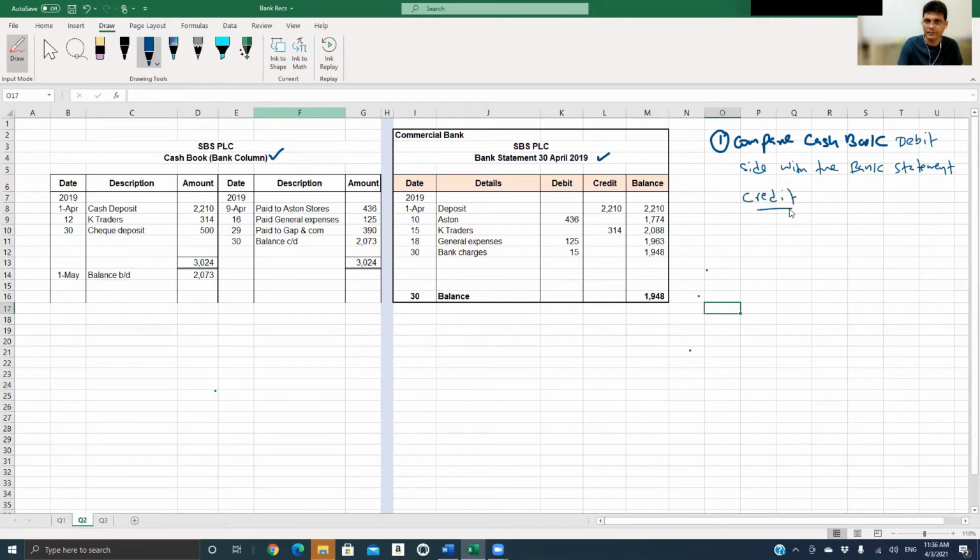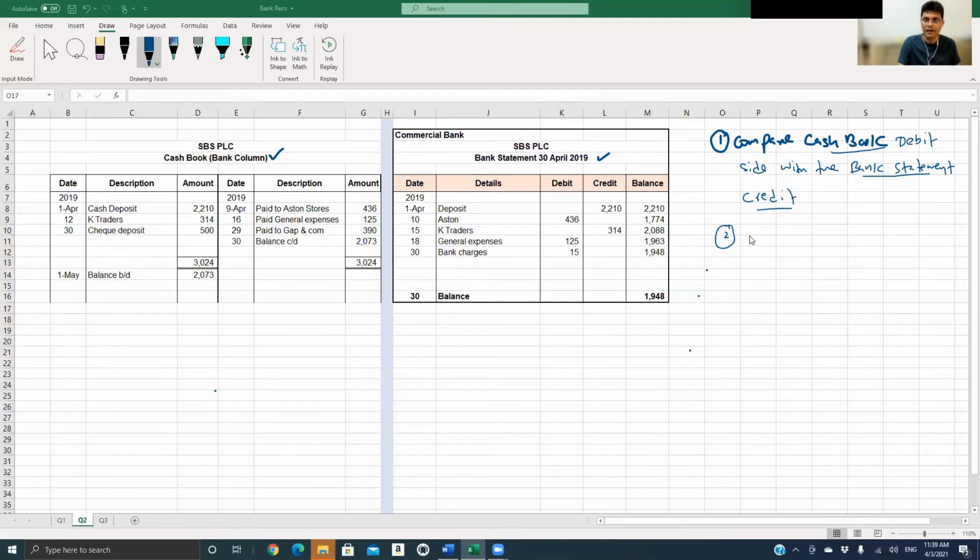Don't forget this. Cash book debit side, bank statement credit side. You need to absorb this concept. Just imprint that in your memory. Second one, we need to compare the cash book debit side with the bank statement credit side.